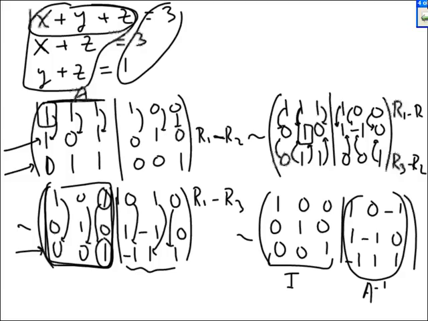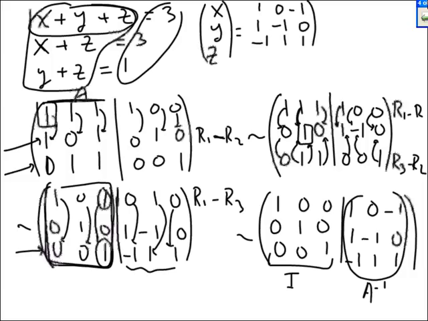Okay. So now I take x, y, z is equal to the inverse, 1, 0, negative 1, 1, negative 1, 0, negative 1, 1, 1, times the right-hand side numbers, 3, 3, 1.